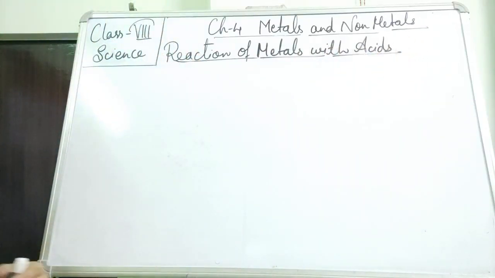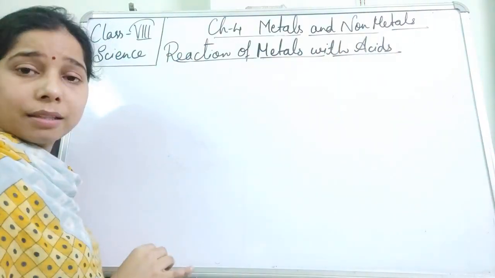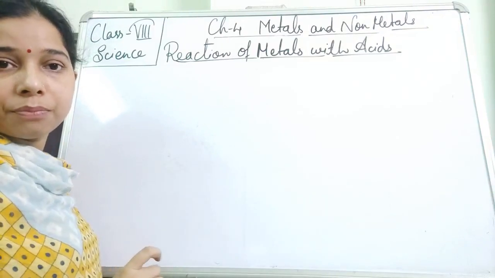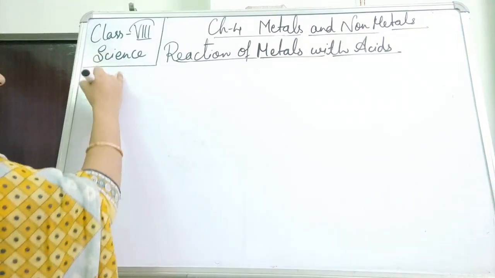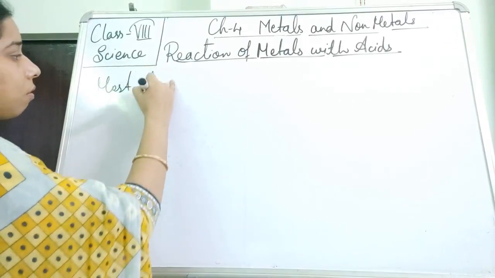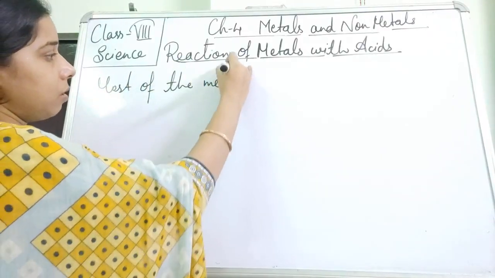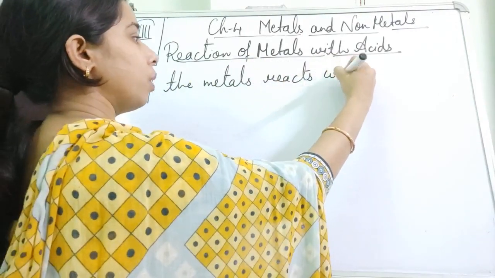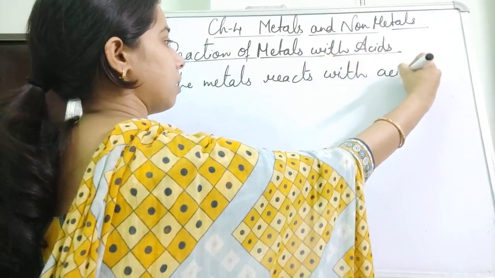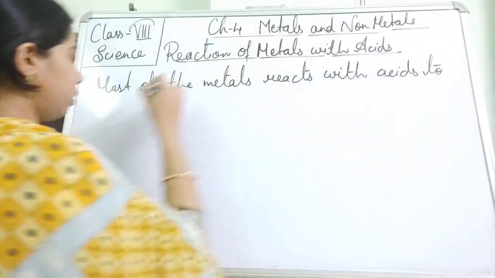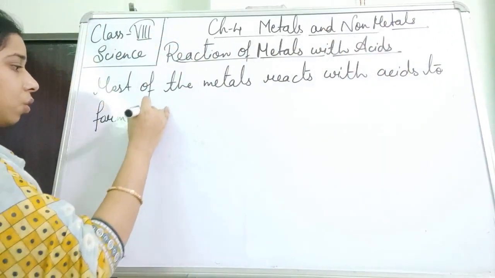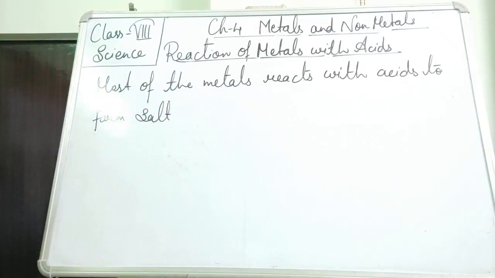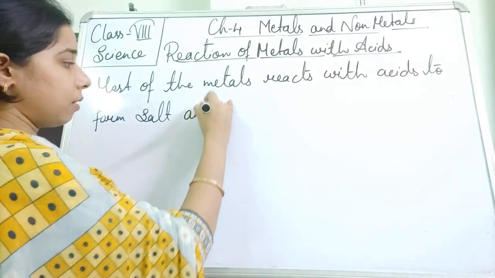Most of the metals react with acids to form salt and hydrogen gas.